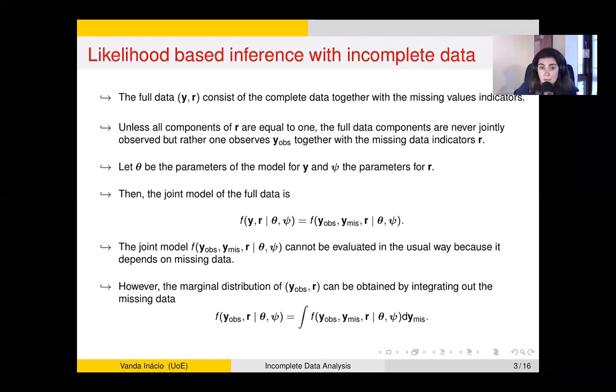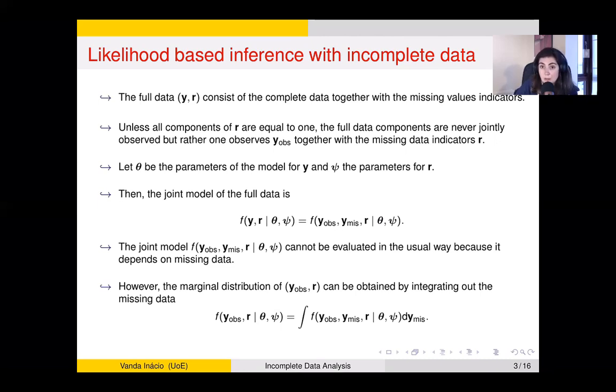And as we have seen in the video about the formal definition of the missing data mechanisms, let theta be the parameter of our model of interest, of the model that we pose for Y, and psi the parameter of the missing data model.